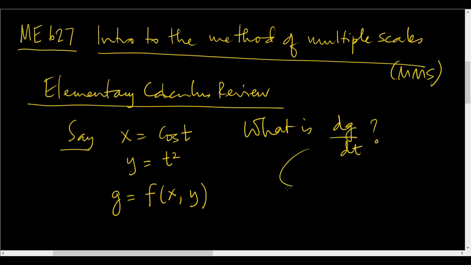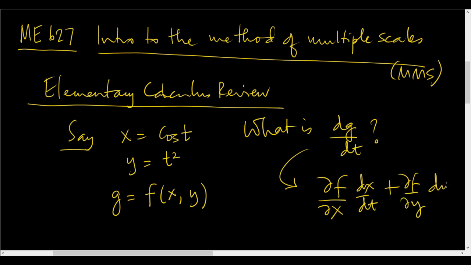It is del f del x into dx dt plus del f del y into dy dt, right? So in this partial derivative, the dependence on y is ignored. In this partial derivative, the dependence on x is ignored.